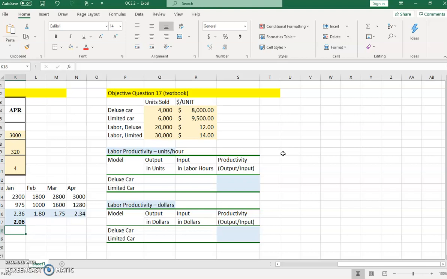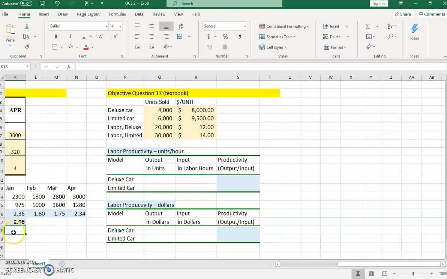The labor for deluxe and the limited are also given here, dollars per unit and units sold. I can calculate the labor productivity in units per hour, or I can calculate the labor productivity in dollars.